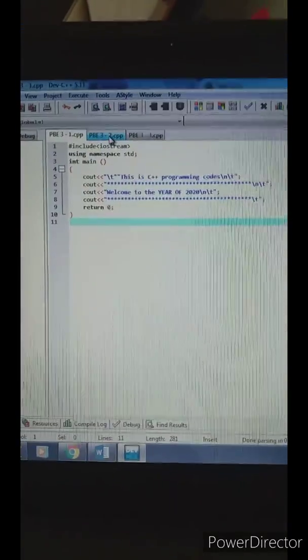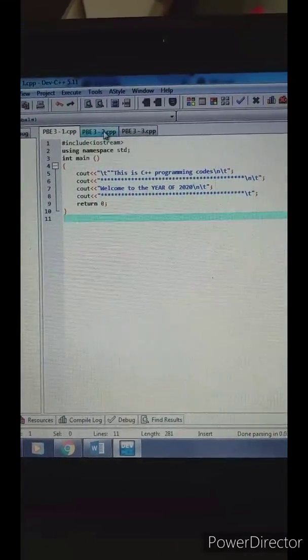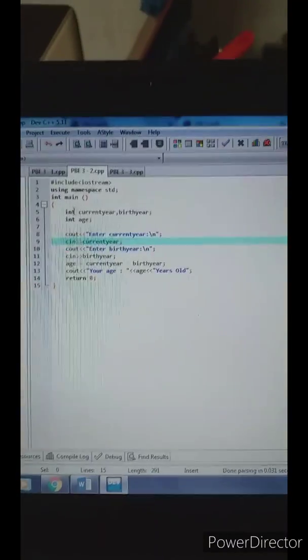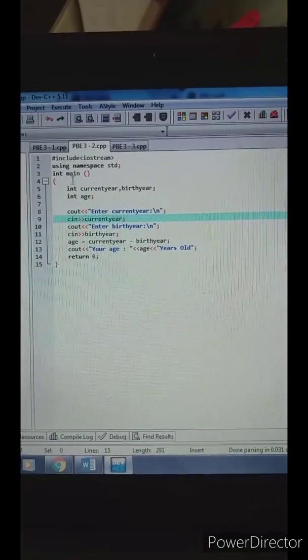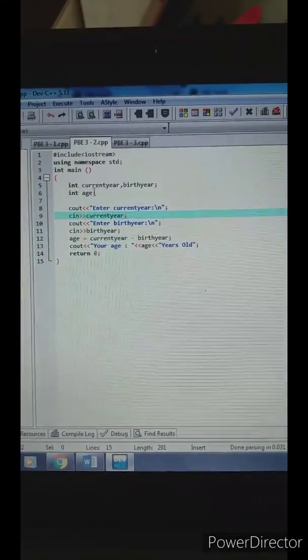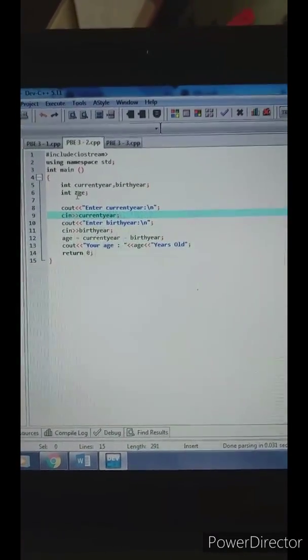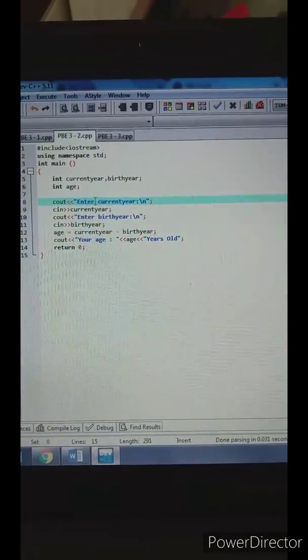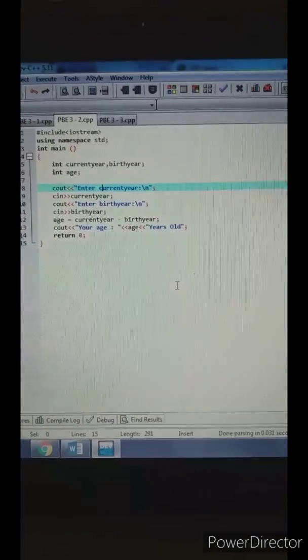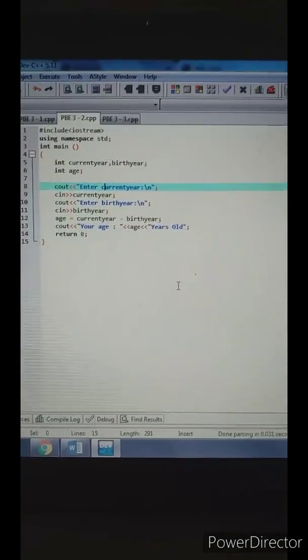Okay. So this one will be including iostream as usual, using namespace std, int main. Here, integer current year and birth year, and then integer age. So the cout will be: the output must be, we have to enter the current year, with \n in order to get settled by sentence.